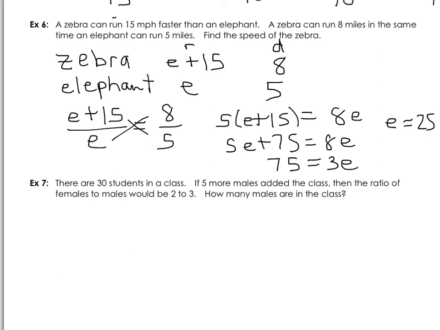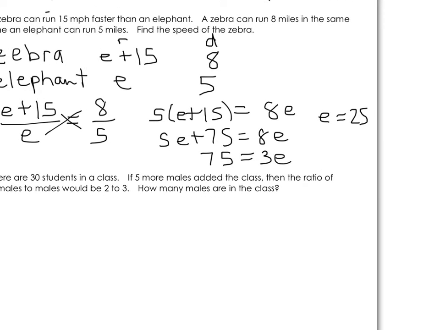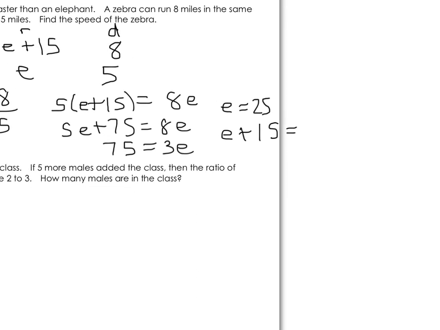So the elephant is running at 25 miles an hour. How fast is the zebra running? E plus 15. That's 25 plus 15. 40 miles an hour.